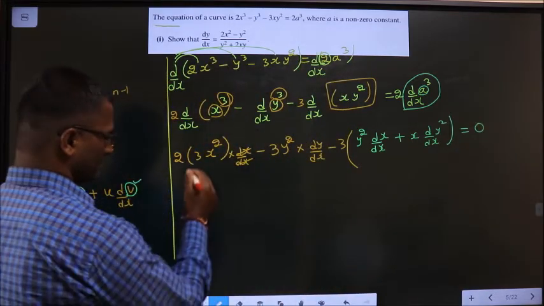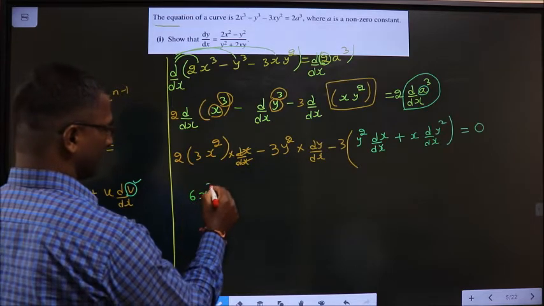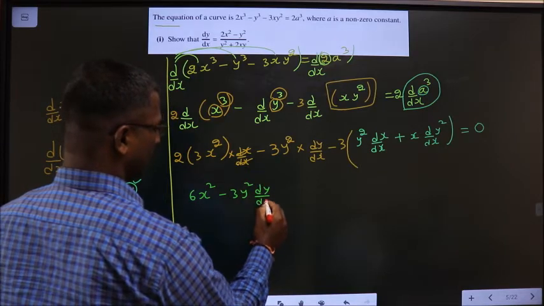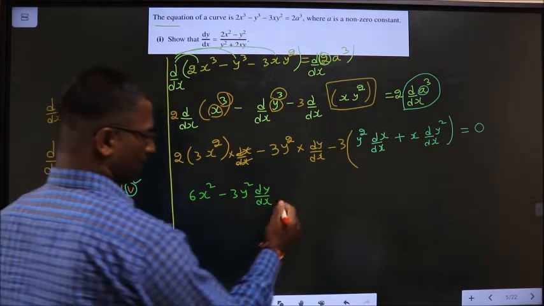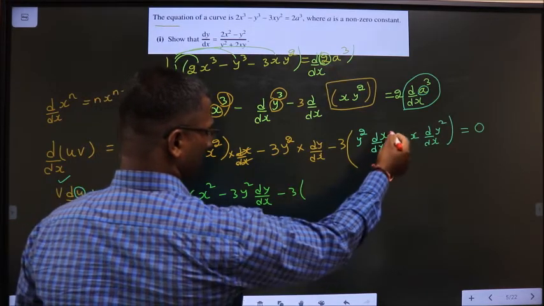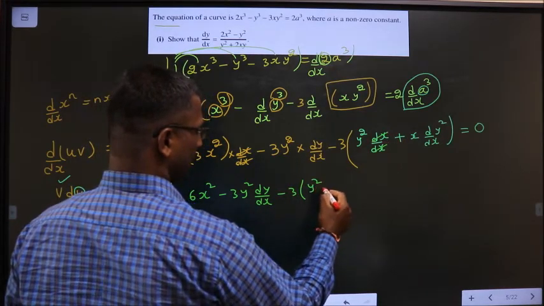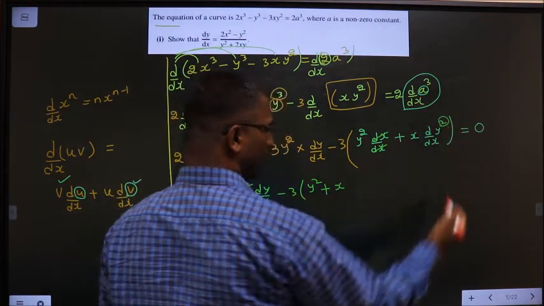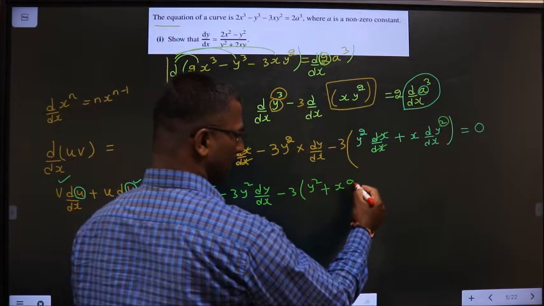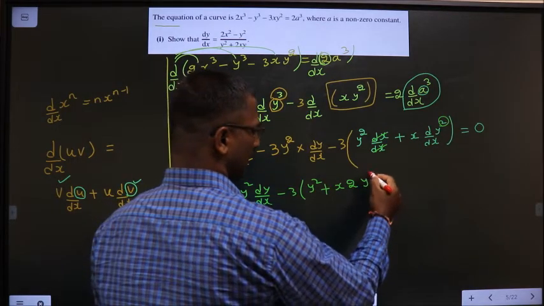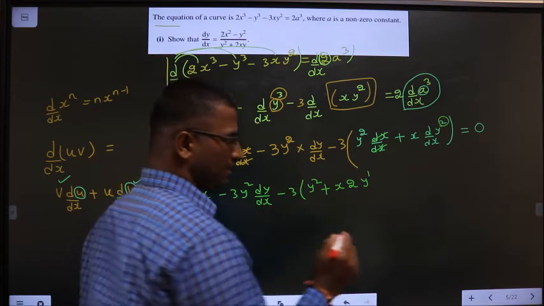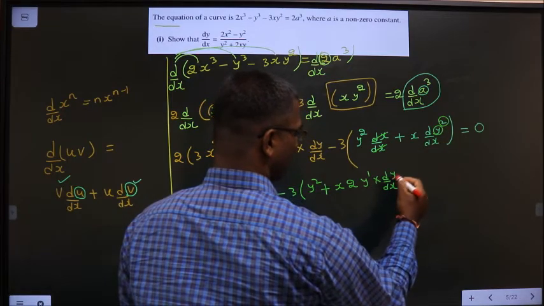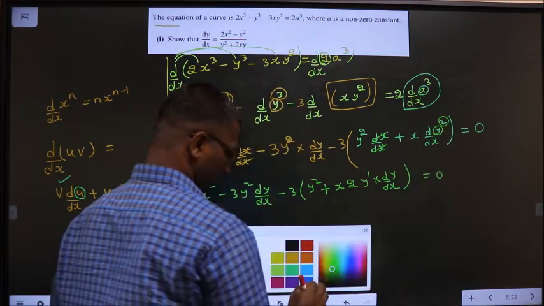Clear? Next. So here what do we get? 6x². And over here minus 3y² dy/dx, it will not get cancelled, that will remain. Minus 3 times of, here this cancels out, you get y² plus x. Here in place of n you have 2. The formula is n into xⁿ⁻¹ and the good practice into d/dx of the letter y, equal to 0.